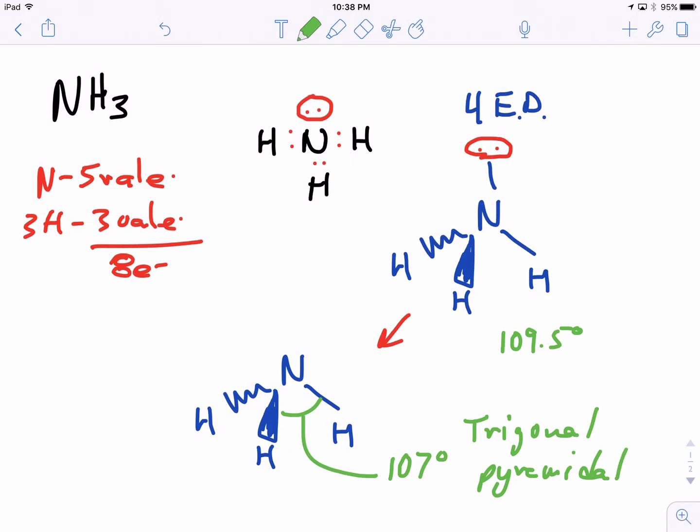And again, our preliminary structure over here would be a tetrahedral. And so it would be a complete VSEPR problem that we'd want to get full credit for if we were asked to do the VSEPR.